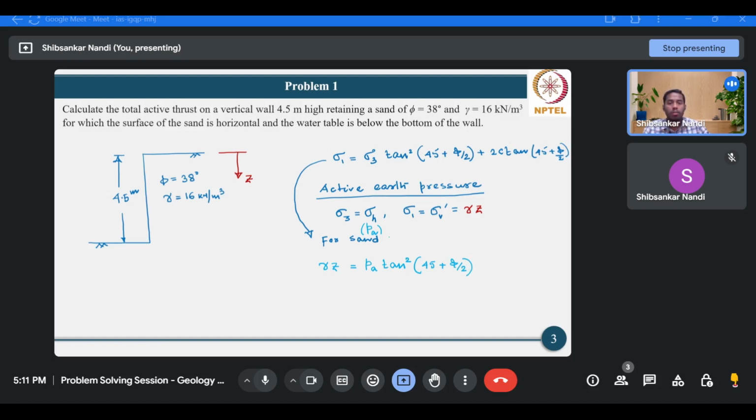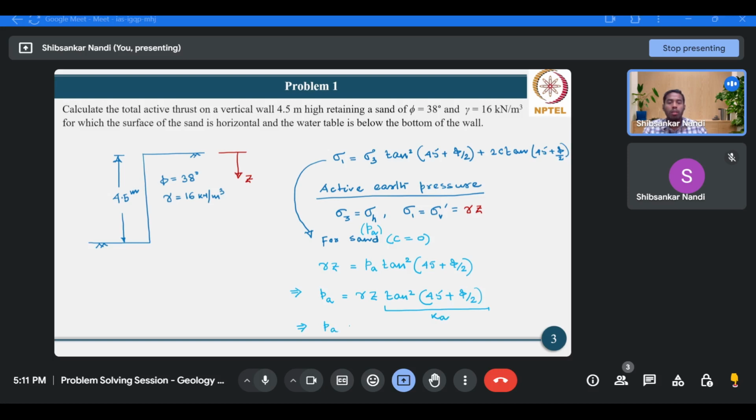So there will not be any correction. Therefore this PA will be gamma z tan square 45 plus phi by 2, and this you can write as KA, that is the active earth pressure coefficient.